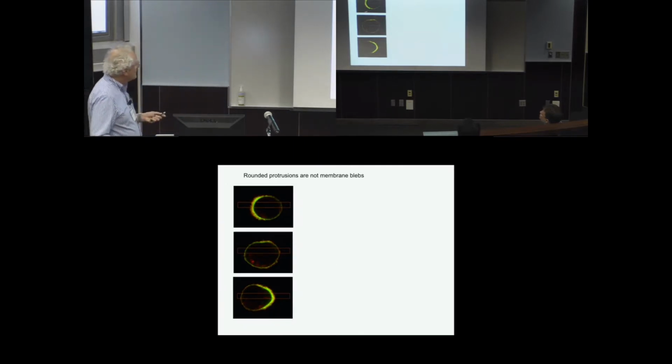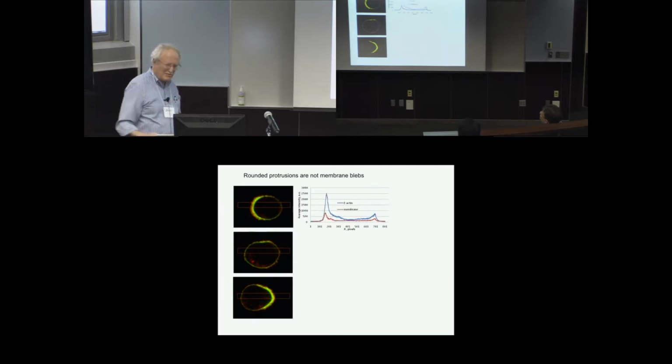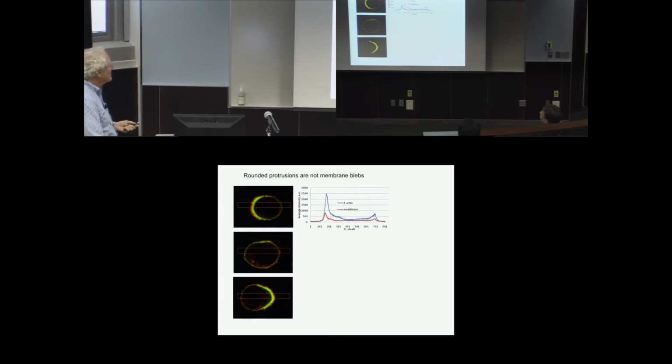So here what Marina has done is look at an oscillating cell, and we're going to take line scans across this region of both membrane and cortex. What we see here is the membrane stain, and in blue is the cortical stain. You can see even in the protruding part, there is always a membrane accompanying the cortex.